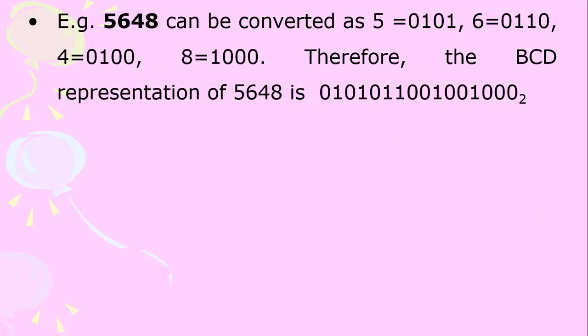For example, 5648 can be converted as 5 is equal to 0101. 6 is equal to 0110. 4 is equal to 0100. 8 is equal to 1000.